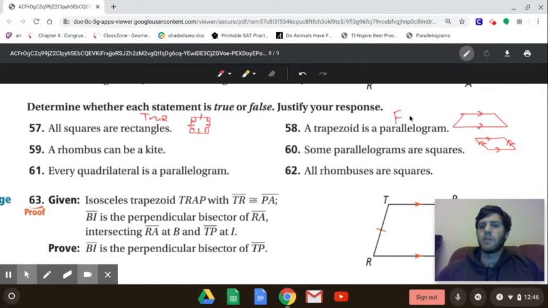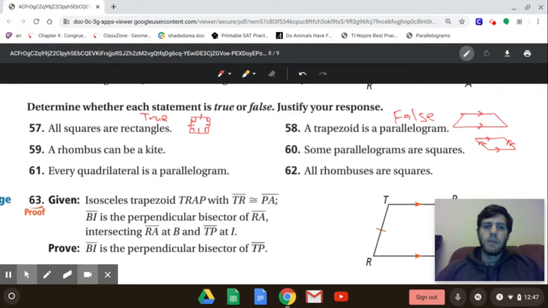So this is going to be false. Again, there are some definitions of trapezoids where a parallelogram would be a trapezoid, and they define a trapezoid as having at least one, or one or more, pairs of parallel sides. But we used exactly one pair, so that one's going to be false, and it would be false anyways because a trapezoid isn't always going to be a parallelogram, even with that other definition.